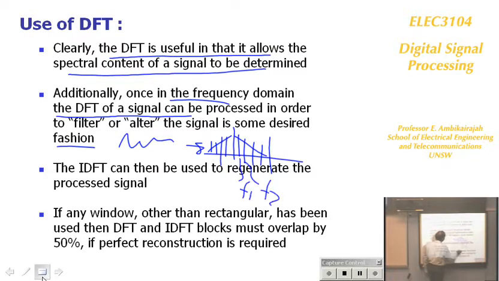I can modify this value, increase this value using a particular formula, and then reconstruct. Or I can make these all zeros, so I could have a nice low-pass filter in the frequency domain. If you want to filter in the frequency domain, you just set the values to zeros and then reconstruct the signal. You get the signal without those frequencies. So there are lots of things you can do with the DFT. It really belongs to your next course where you understand DFT very well. Circular DFT and circular convolutions all have to be done. But for the moment, I'm introducing just the basic principle.